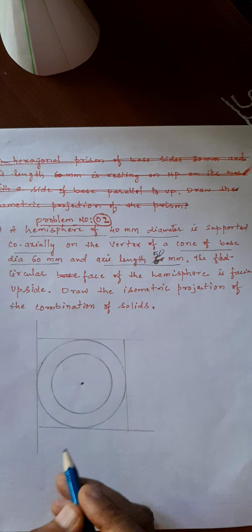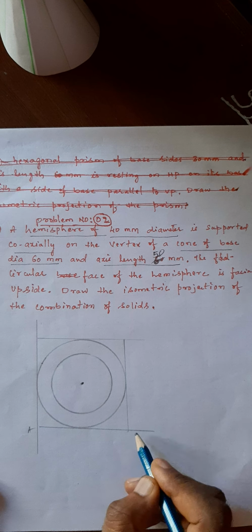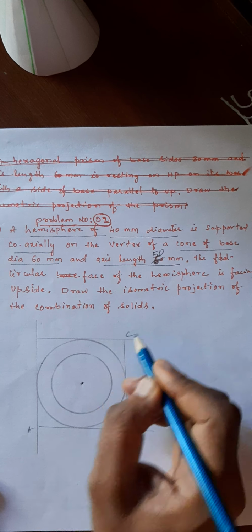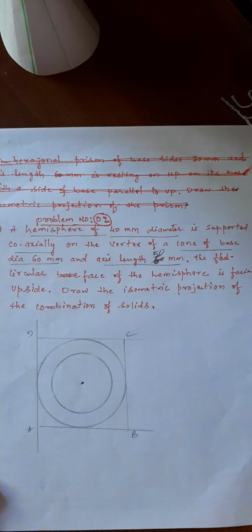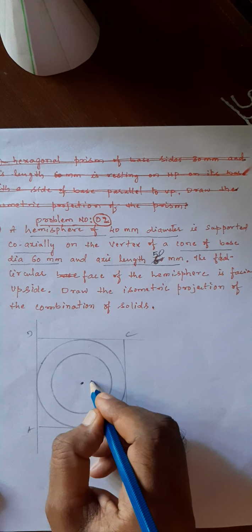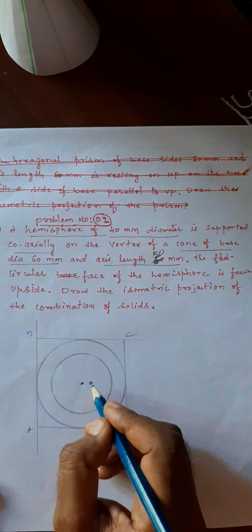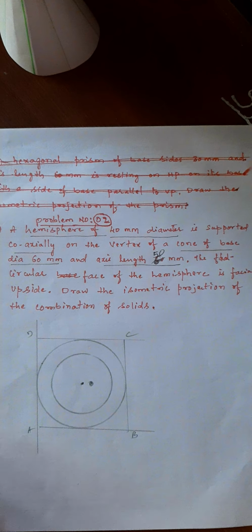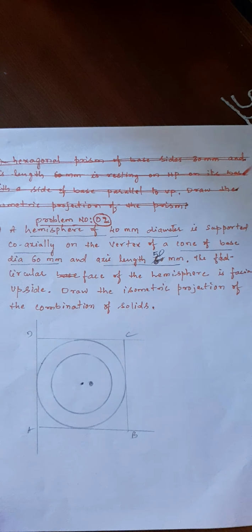So name the corners. This is A, B, C and this is D. Now this is center O. After this we have to draw the isometric projection.